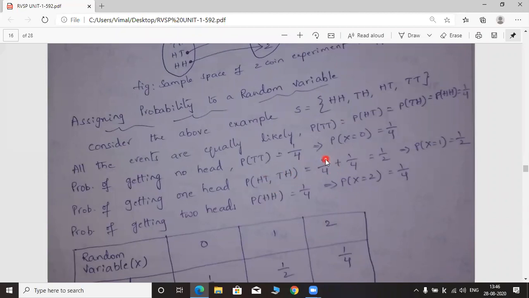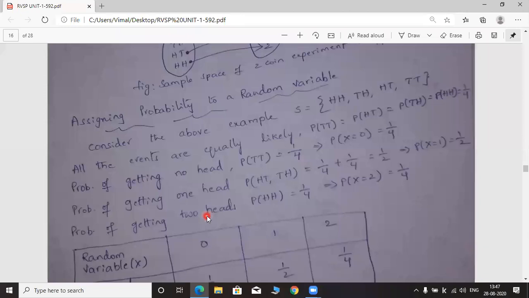What is the total probability after adding 1 by 4 and 1 by 4? You will get 1 by 2. So this can be written as probability of x is equal to 1, that means getting one head, one coin showing head and the remaining coin showing tail. What is the probability for this? 1 by 2.